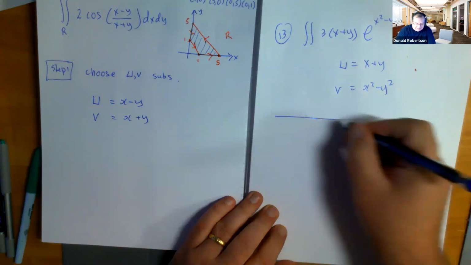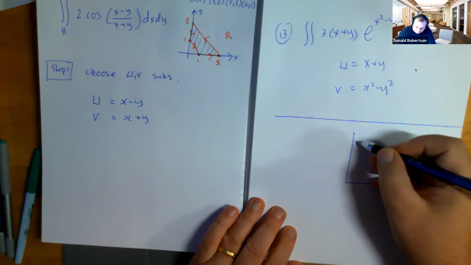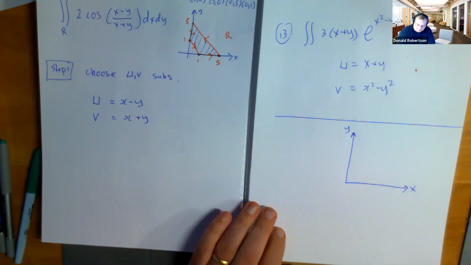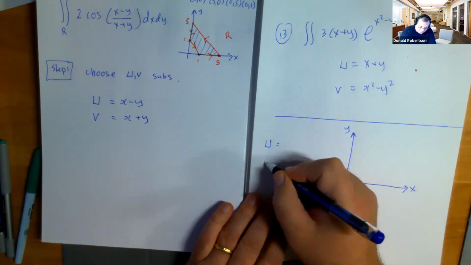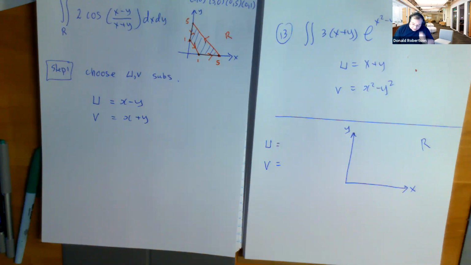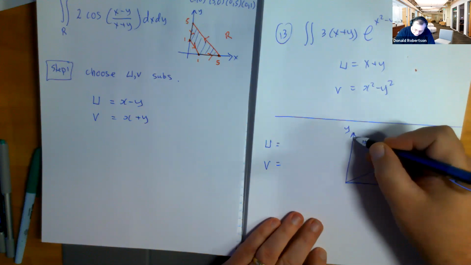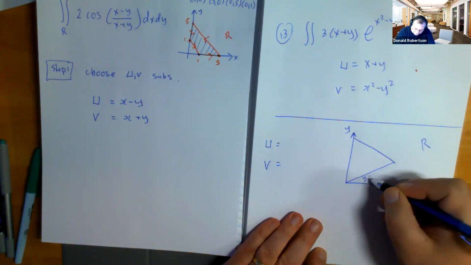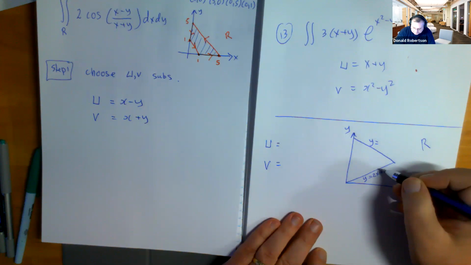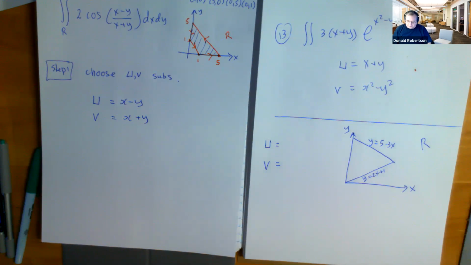Now, different situation. How you pick your U and V. Suppose we tell you that the region R is made up of those two straight lines.